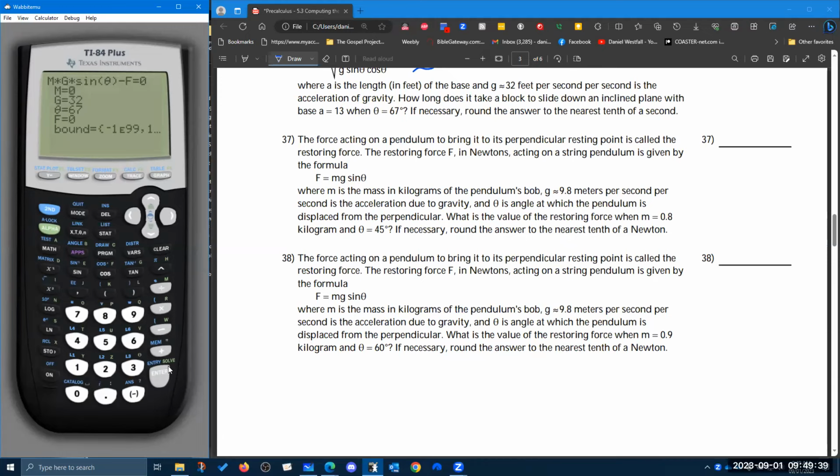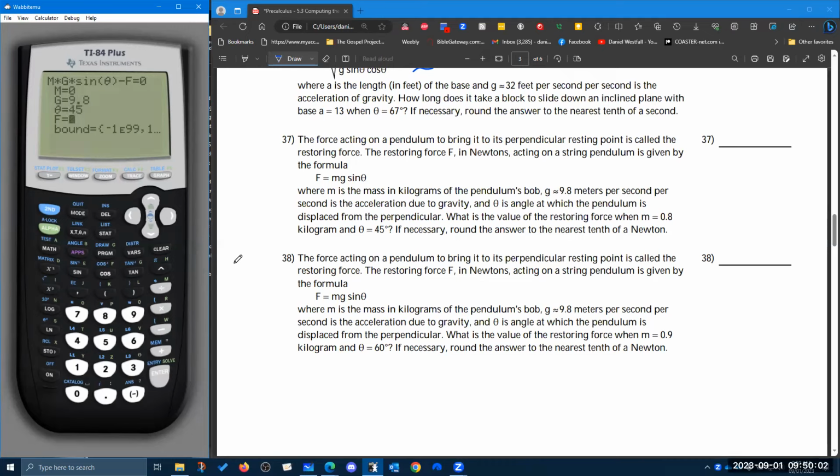Where M is the mass in kilograms of the pendulum, G is going to be in meters per second squared here, so it's going to be 9.8. And the angle is going to start off, we're going to start talking about 45 degrees.